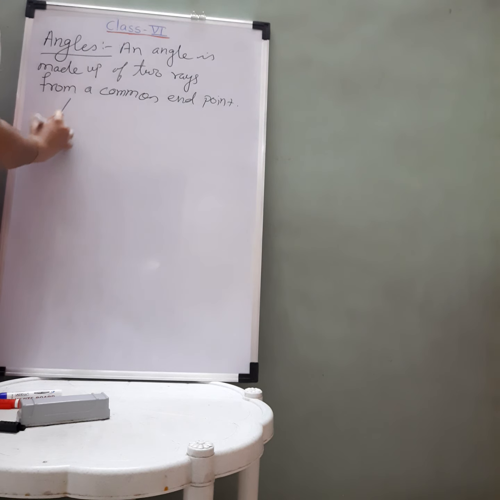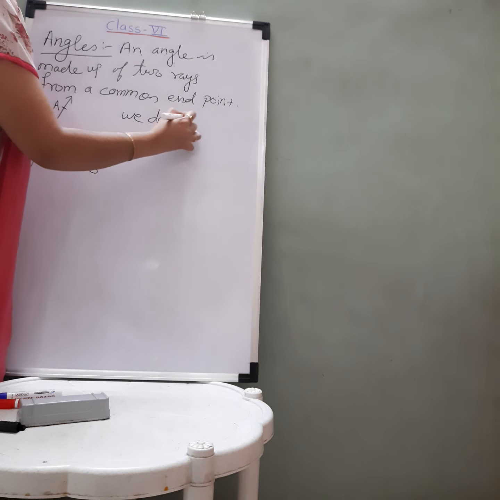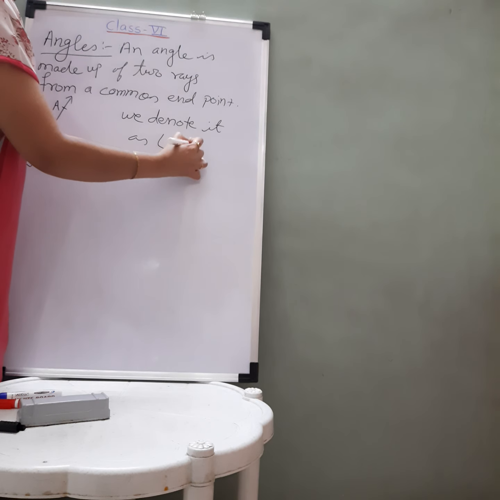So we will draw the figure. See, this is the common point O. This is ray OA, this is ray OB. And here the common point is O, and ray OA and OB meet at the common point O. So this portion is called an angle, and we denote it as angle AOB.